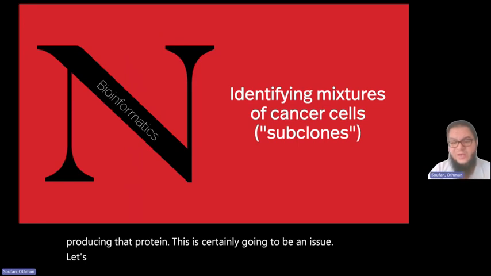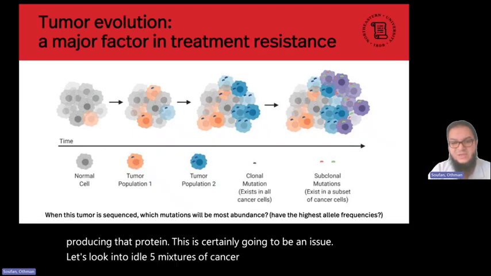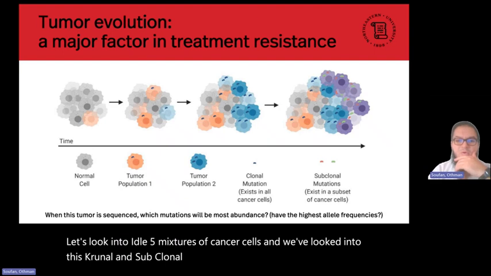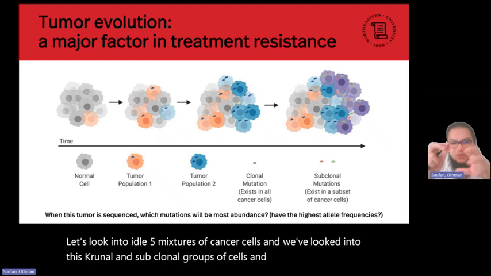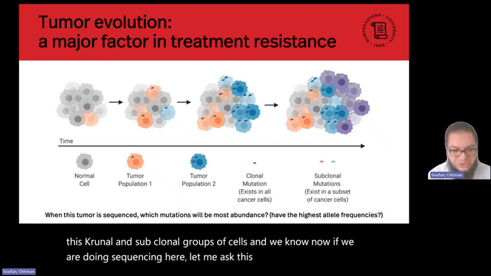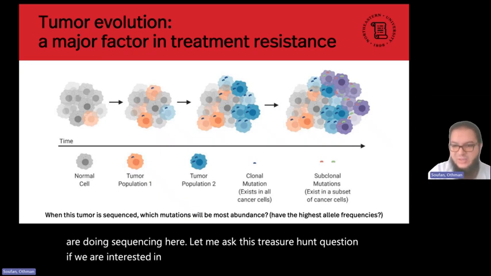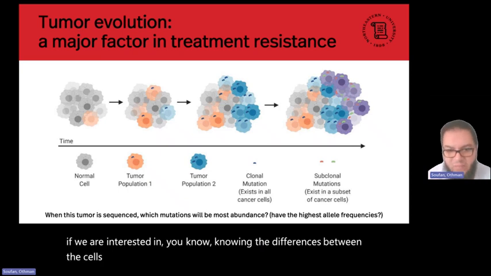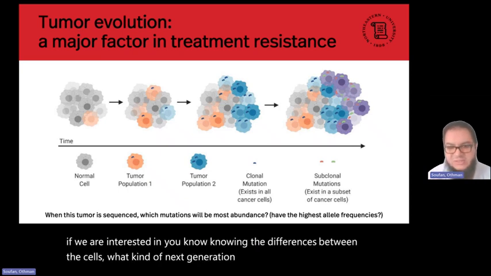Let's look into identifying mixtures of cancer cells, and we've looked into this clonal and subclonal groups of cells, and we know now if we are doing sequencing here, let me ask this treasure hunt question. If we are interested in knowing the differences between the cells, what kind of next generation sequencing technique can we use?